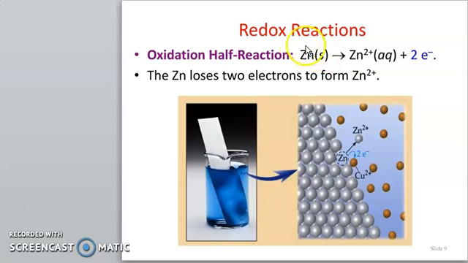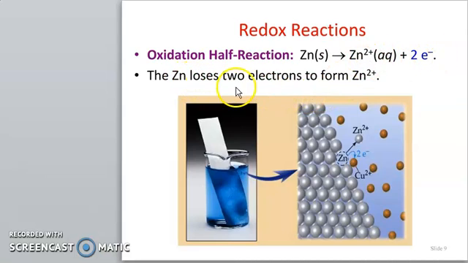From this zinc, two electrons are lost, so it gets a positive charge. This 2+ means it has a deficiency of 2 electrons, plus these 2 electrons.